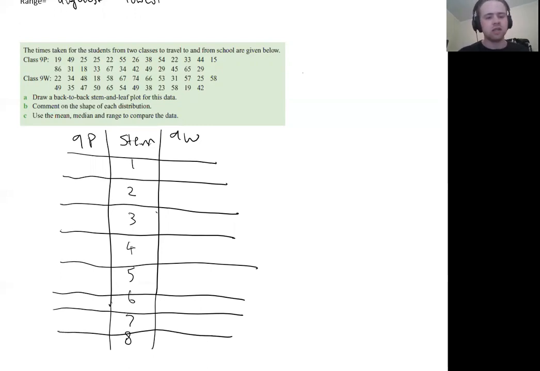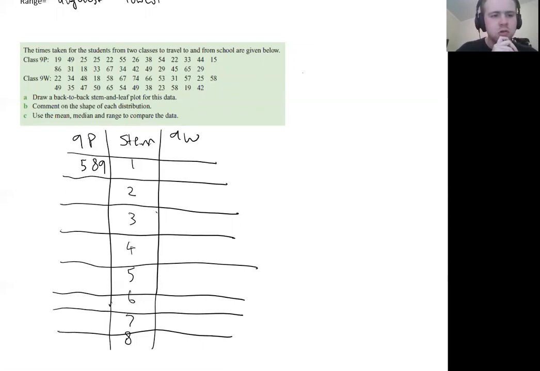What we've got to do then is list all the scores. Now there's 25 scores. It can be a little tedious, but we'll go through it one by one. For 9P, the ones in the 1s, I can see a 19, a 15, and an 18. So the leaves are going to be 5, 8, and 9.